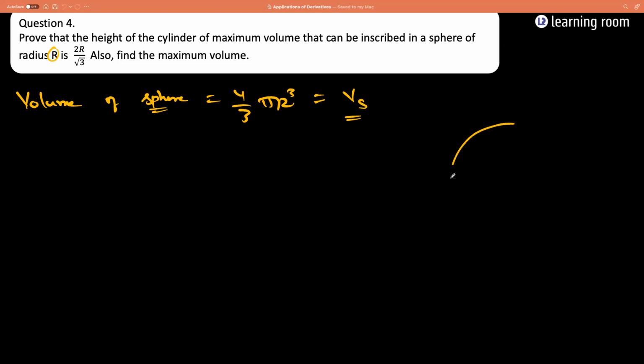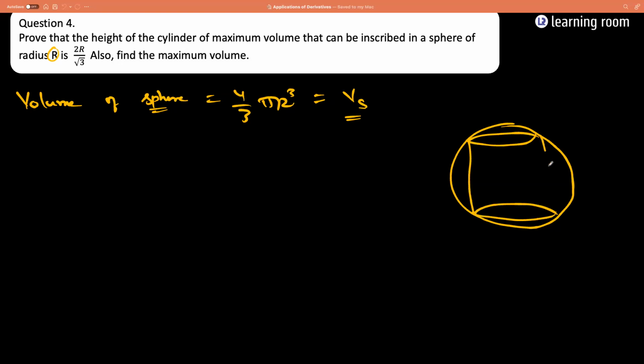So in a sphere, you need a cylinder to be inscribed in such a way that the volume of the cylinder is maximum. This R is fixed. So calculate this value and the height. If I take the radius of the cylinder to be small r and the height to be capital H, the volume of the cylinder is going to be pi r square h. Now it's your job to solve it.